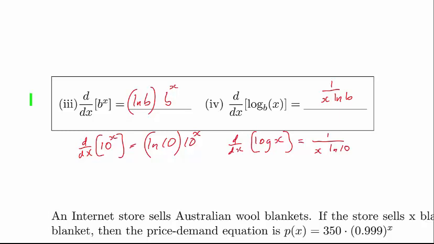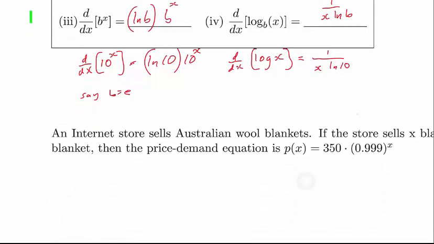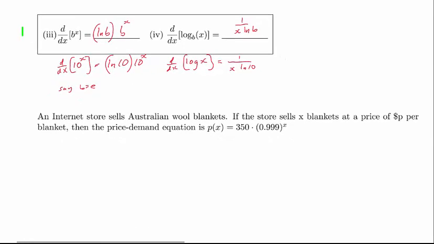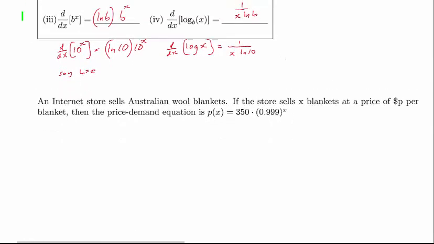Also note that if b happened to be e, well then you would be taking the natural log of e, which is just 1, and so then it'd simply become e to the x as it normally is. Okay, with that being said, let's go ahead and move forward and finish everything off with this nice example right here.